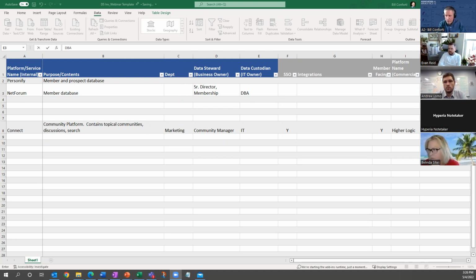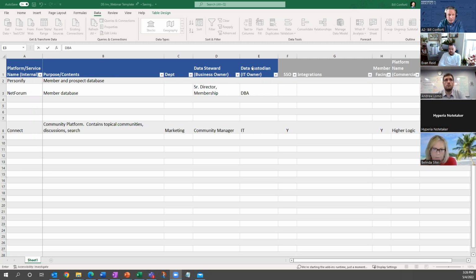It's like, okay, it's the marketing department or the membership department, and there are some people that work there and they own it. It's not much more complicated than that. It's just separating out the business and the technical, and getting a few key things on paper: what are the key systems, what is the purpose of those systems or what kind of data lives there, what department is responsible, and then the data steward and the business owner.